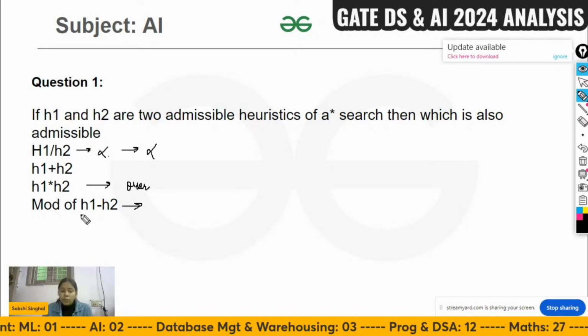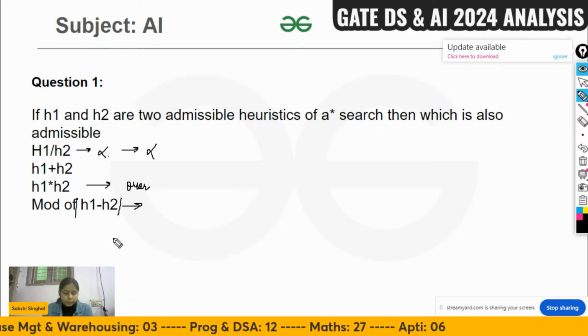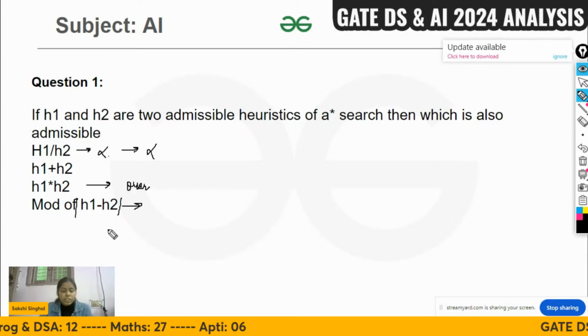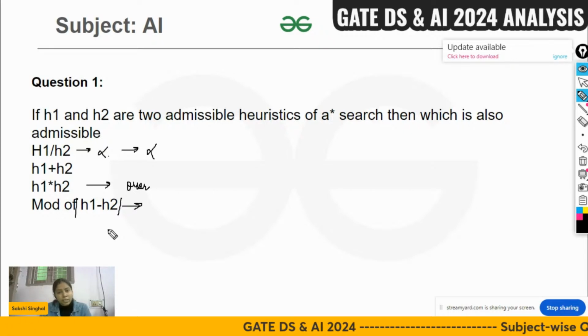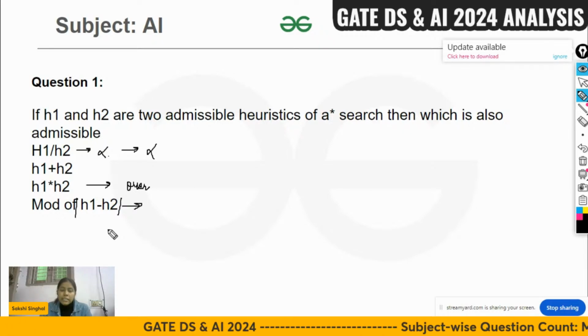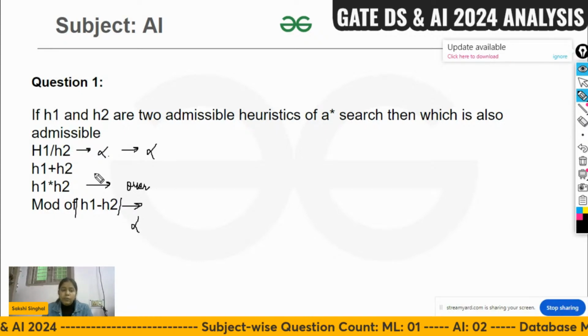There might be a possibility that it would overestimate, right? Let's talk about modulus of h1 minus h2. You can consider a case where one function significantly underestimates. Let's suppose h2 is significantly underestimating and the other one is actually closer to the cost. In such cases, it would be non-admissible.